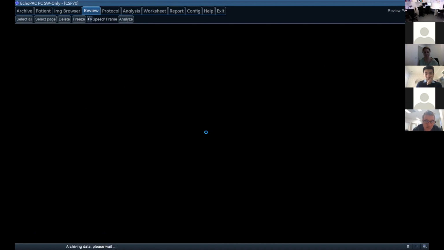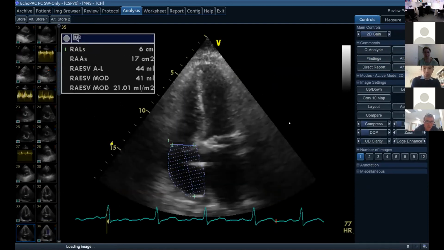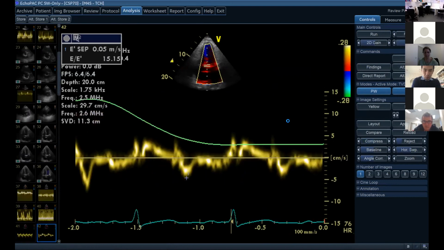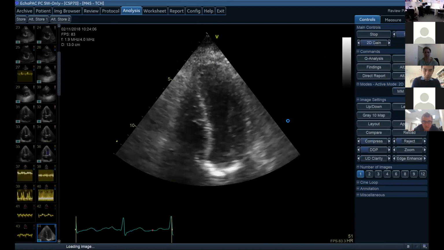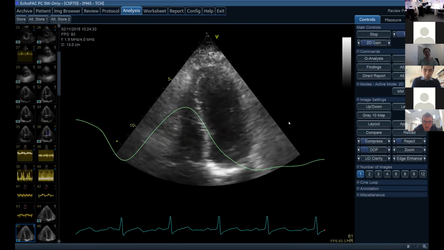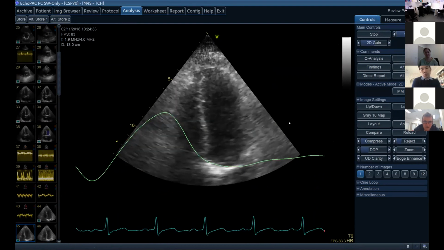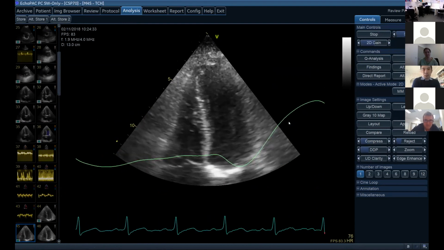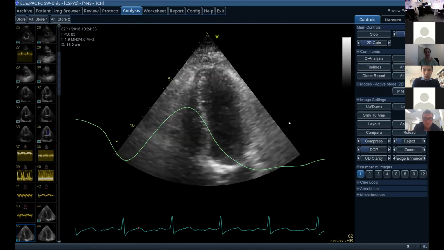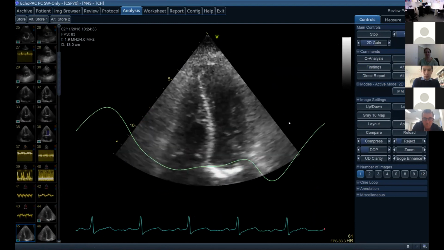What do you think? Here we go. Do you want to take this? As I said, he's an elderly gentleman in his late 70s, early 80s, with a history of ischemic heart disease and CABG, who is short of breath.